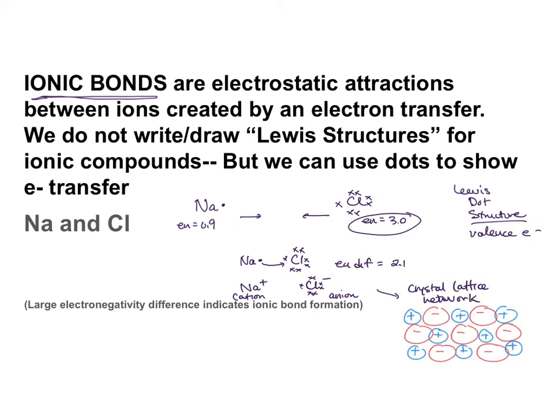Notice what I've sketched here is two-dimensional, but if you were to take a look in your textbook on page 302 at figure 8.4, you will see a more three-dimensional crystal network for sodium chloride that shows how dozens of sodiums and dozens of chlorides arrange themselves in this alternating network. And that crystal is held together not by shared electrons, but by the force of attraction between positives and negatives.